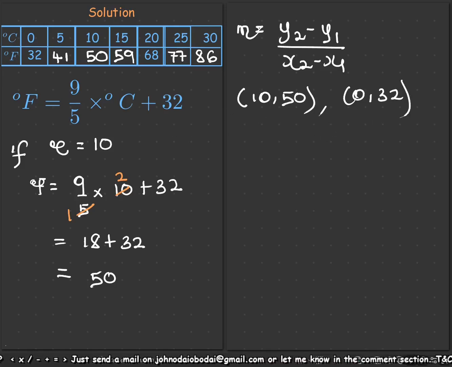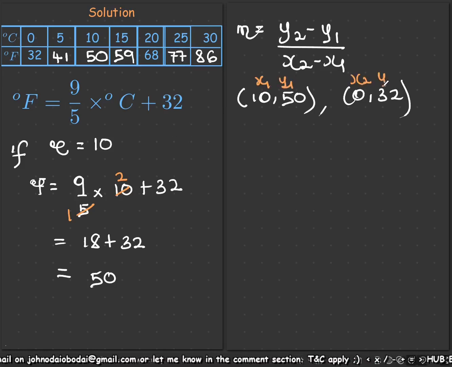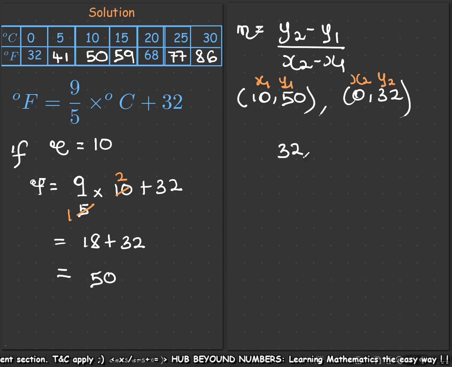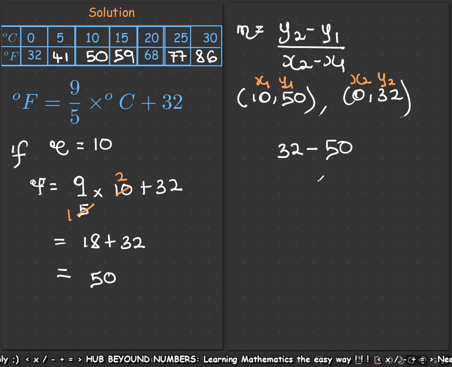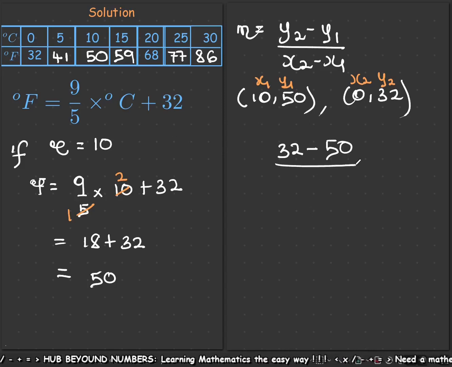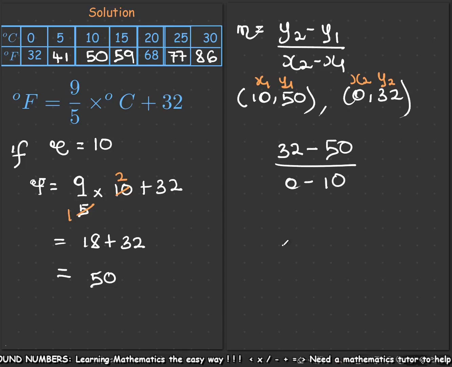Now, if we are using this, then this here is going to be our x1, y1, and then x2, y2. So substituting, we are then going to have what? y2, that is 32 minus 50, all over 0 minus 10.